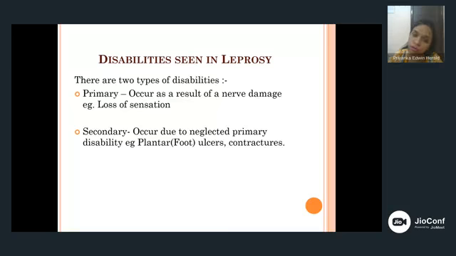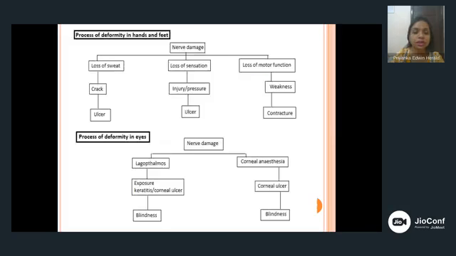And if because of loss of sensation some other disability has occurred in leprosy, that disability is called secondary disability. So secondary disability occurs due to neglected primary disability, like plantar or foot ulcers and contractures.